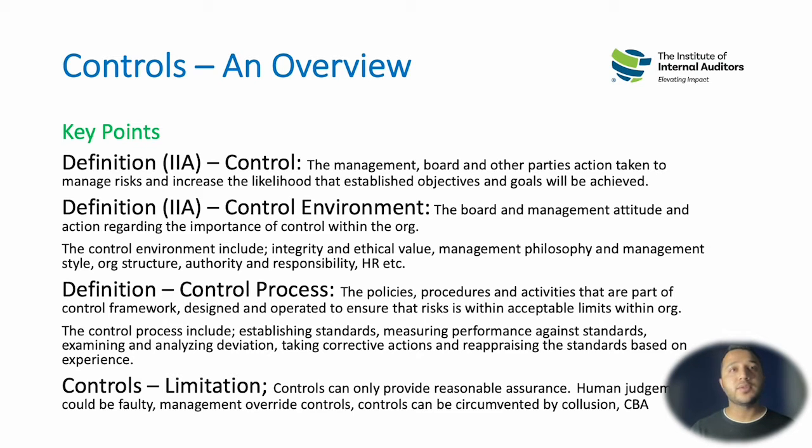For example, if the person who reviews and the person who approves both agree on approving a certain voucher which is not supposed to be approved, then the controls could be circumvented or defeated. So in that case the human element is a major concern, and the cost and benefit analysis is also very important.